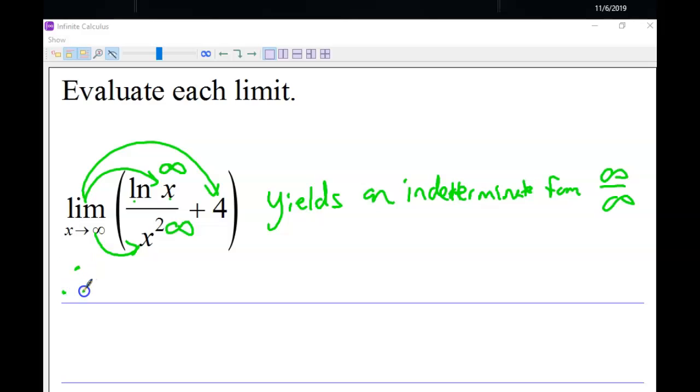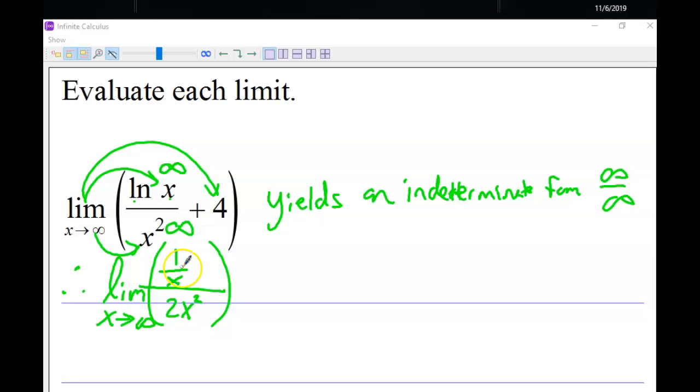So we're going to say, therefore, this limit is the same thing as the following limit. The derivative of ln x is 1 over x. The derivative of x squared is 2x. The derivative of 4 is 0, so we don't need the 4 anymore. Now, before I go any further here, let's simplify this complex fraction.